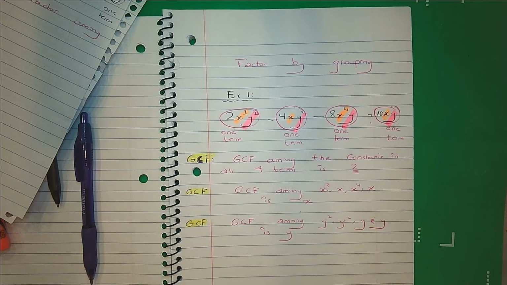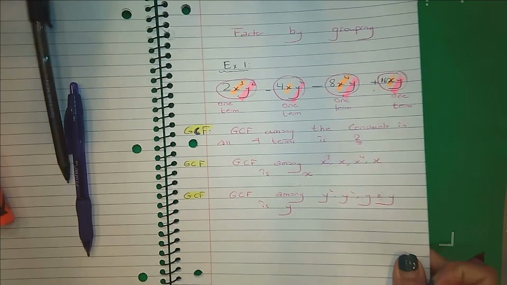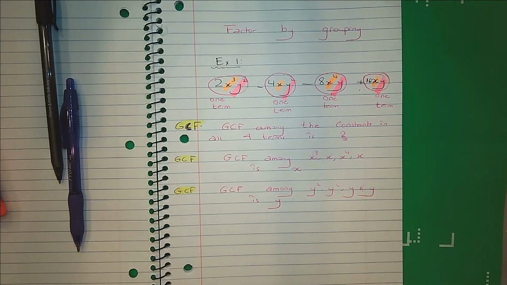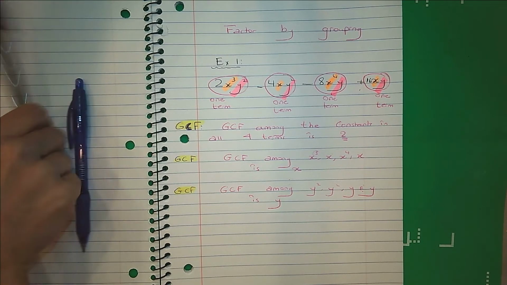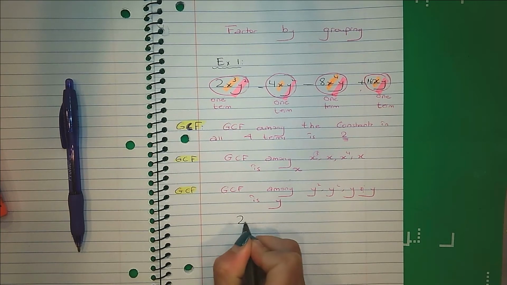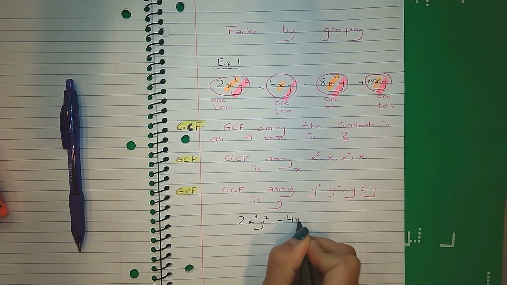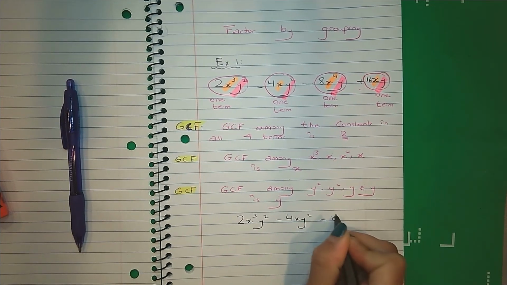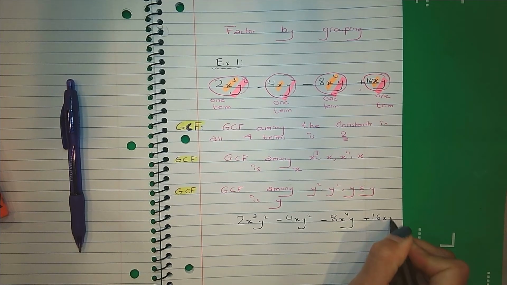All right, so now in this one here, I'm just kind of breaking it down for you. But of course, when you're doing your work, you don't have to do all those steps. Well, you have to do them, you don't have to write them out. All right, so now I'm going to go ahead and write down the expression again. Minus 4xy squared minus 8x4y plus 16xy.